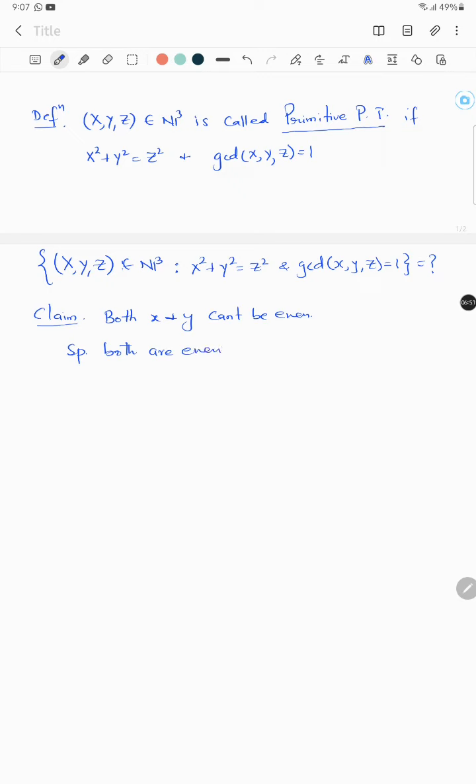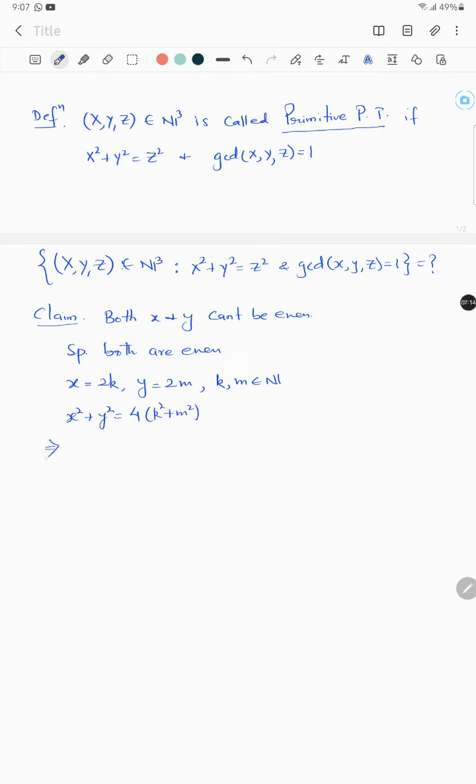Okay, then x will look like say 2 times k, y will look like 2 times say m. Of course k and m are natural numbers, positive integers. So x square plus y square will be 4 times k square plus m square.